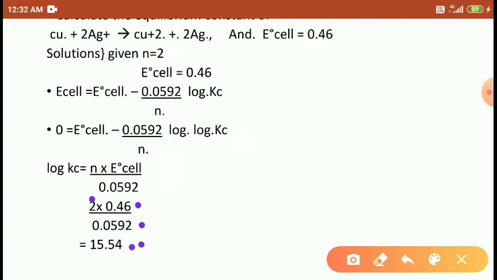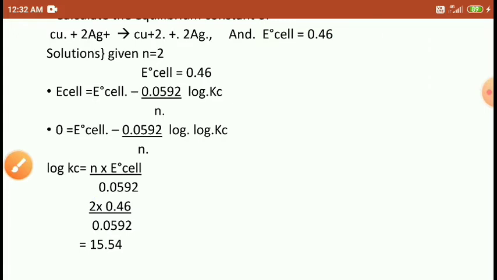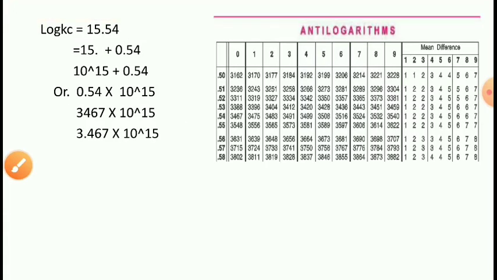Then we have to calculate the antilog of this value. If a value is given in digit form like 15.54, 13.2 or 1.34, these are very small values, so they are determined by the antilog.